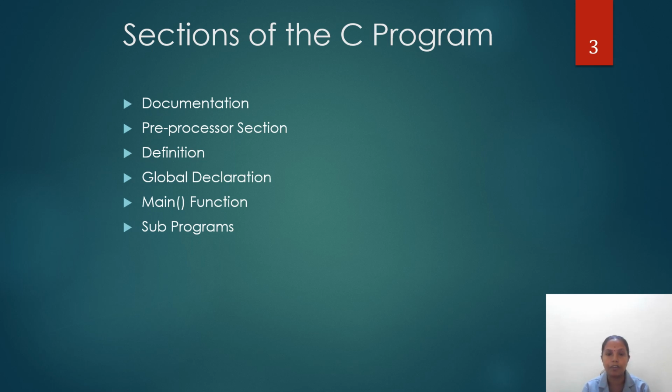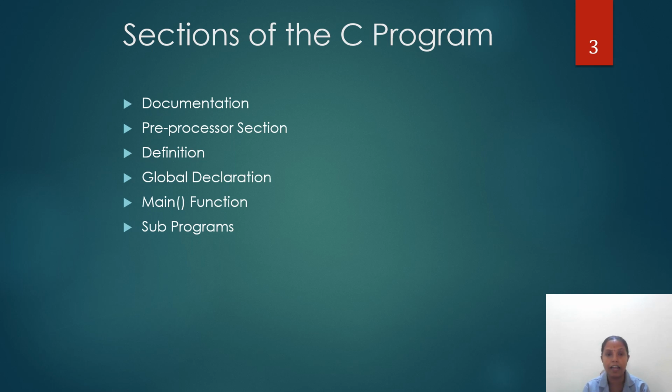Then comes the definition and global declaration section. In the global declaration section, all global variables are declared. They are accessible by many sections of the program, and useful to all functions also. The main function is the main thing for the C program. The executable part starts from this main section.